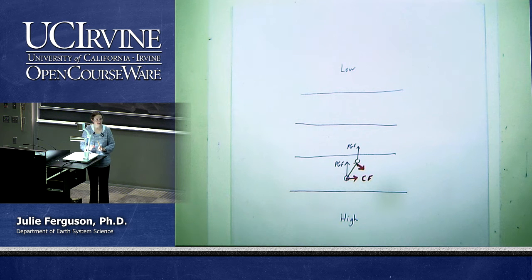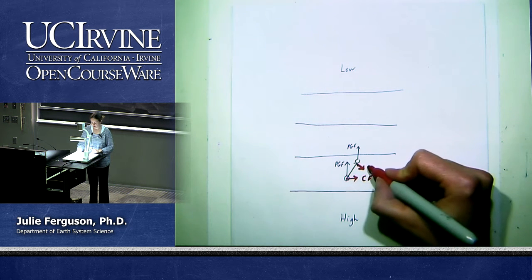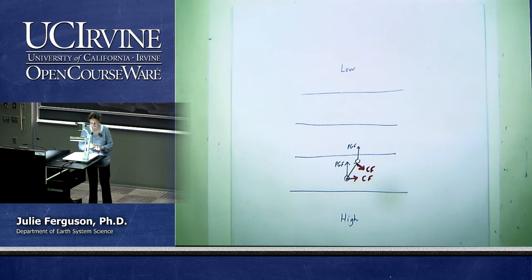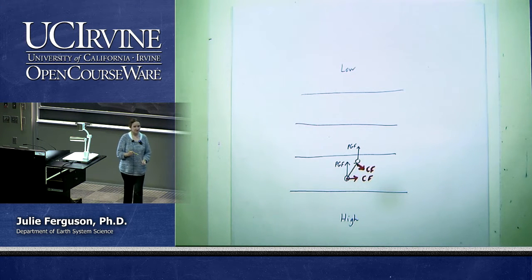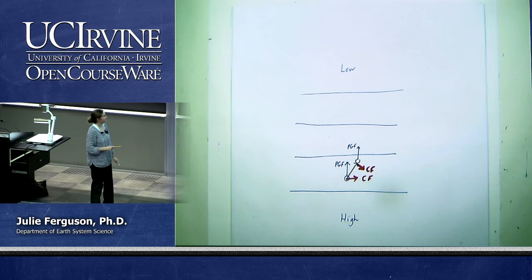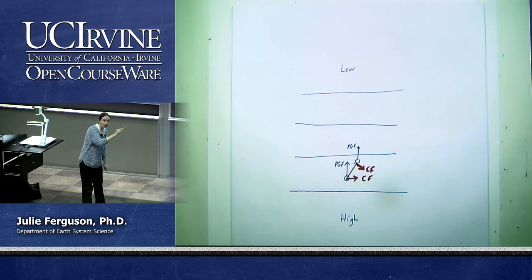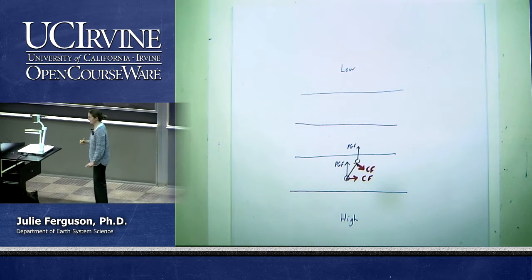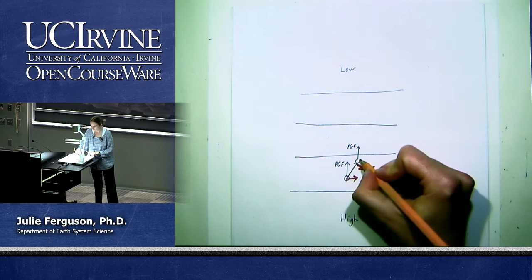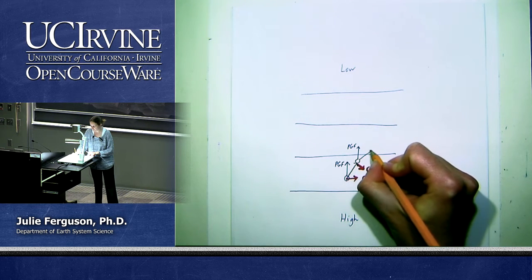Does that make sense? So my Coriolis force is that way. So which way is my wind going to end up moving? Is it going to carry on in a straight line, or is it going to change more? It's going to change more. It's going to end up more tilted, right? So we're going to end up something more like this, perhaps.